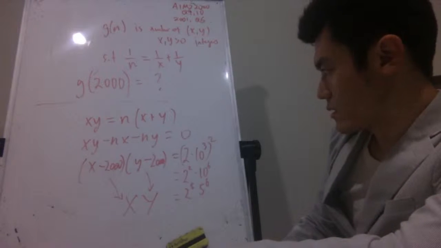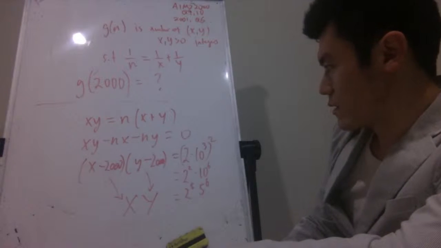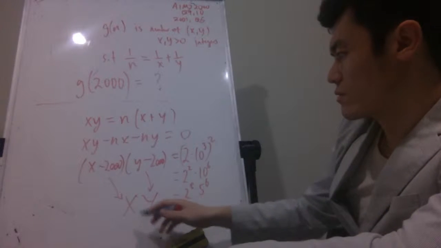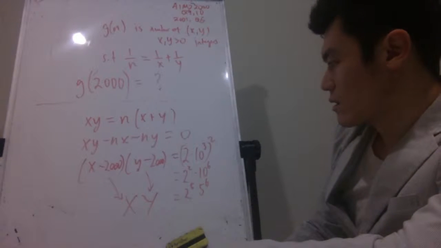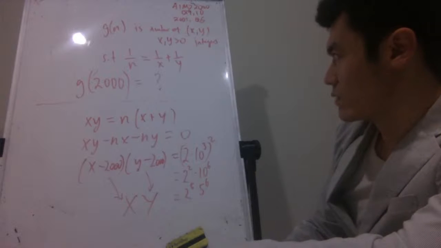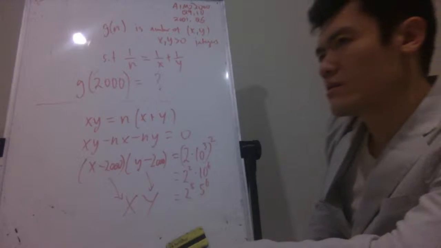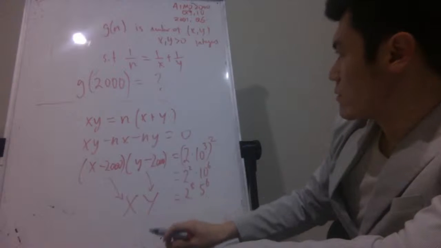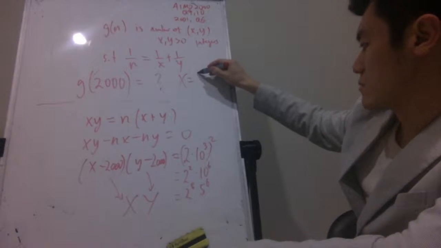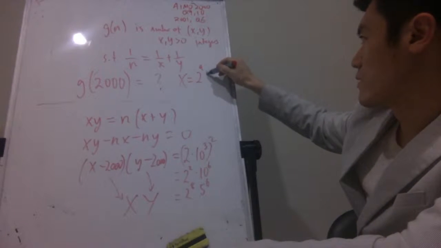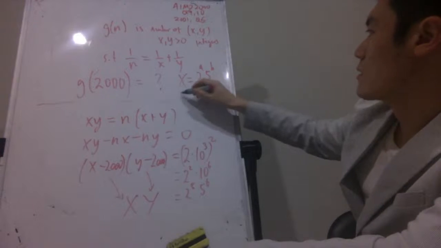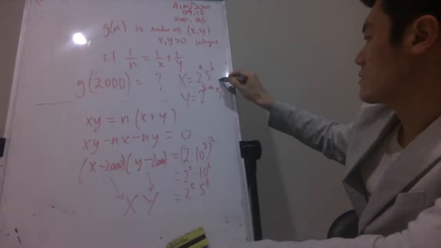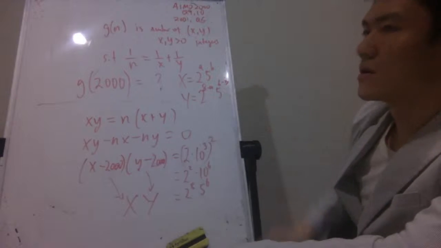And it's nice, I guess, because y and x will be different than x and y. So if you look at all the different ways, you won't have to do any doubling or anything like this. So x has to equal 2 to the a times 5 to the b, and y has to equal 2 to the 8 minus a times 5 to the 6 minus b.